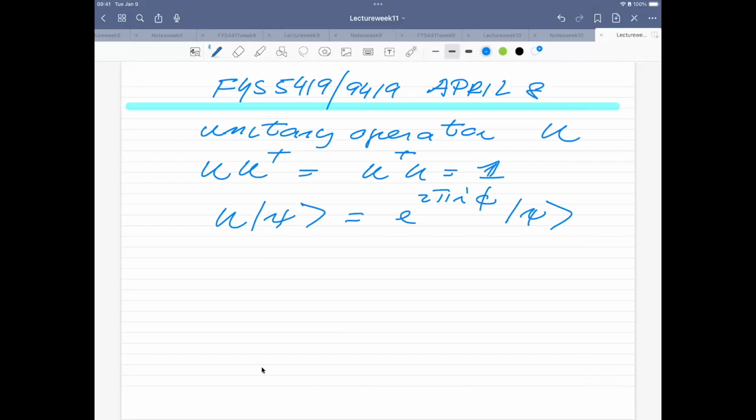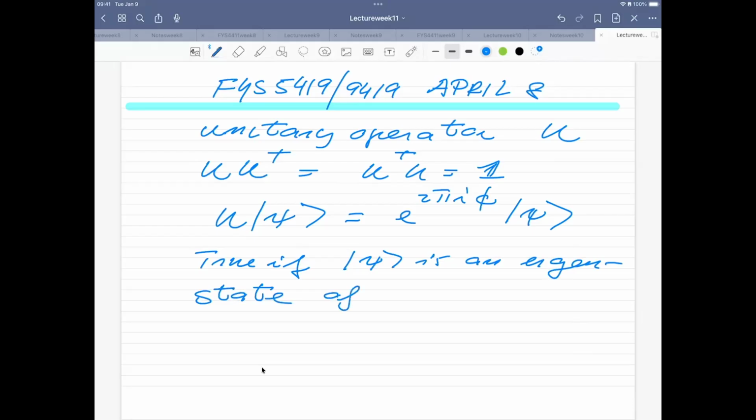So let me just write it. So true if psi is an eigenstate of U. So if that is the case, then we know that this has to be obeyed. So lambda is an eigenvalue belonging to psi.